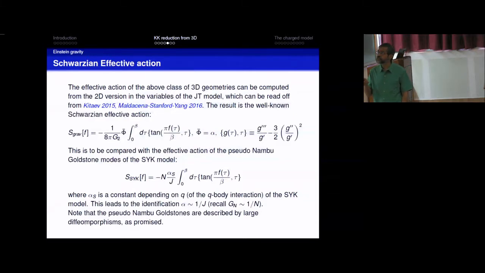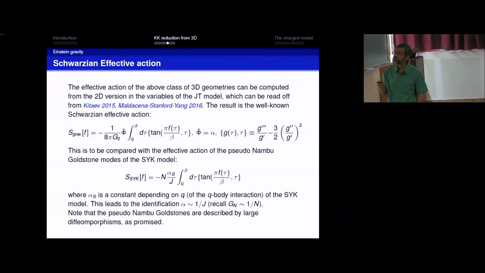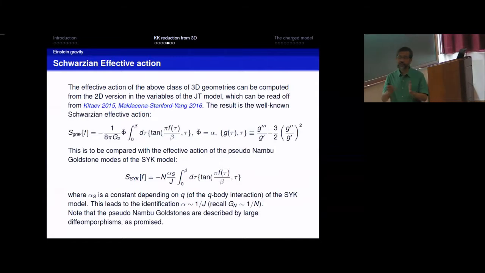The dilaton appearing here is not a constant in general. However, you can treat this Schwarzian action as describing the off-shell action of the F degrees of freedom. Remember that the F's are now part of your path integral because these are large gauge transformations.